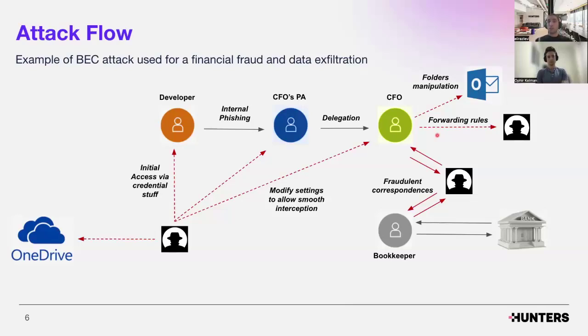What happens if the bookkeeper will ask questions, will reply with questions about this request? For that, the attacker is creating and modifying the settings that will allow him smooth interception.